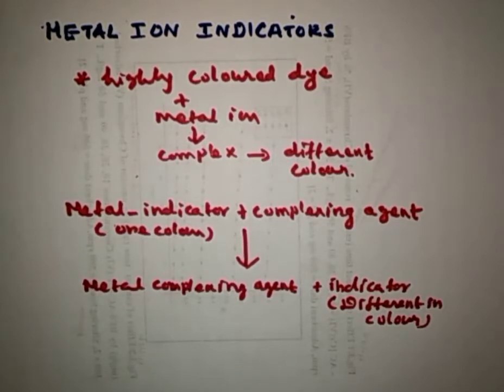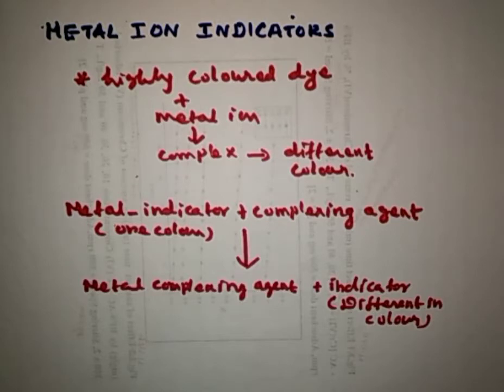Like acid-base indicators, which we already discussed, for example methyl orange and phenolphthalein, the metal ion indicators change color over a range of about pH 7 to 11.